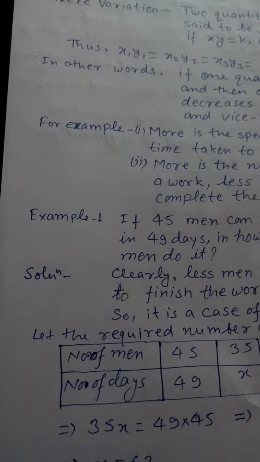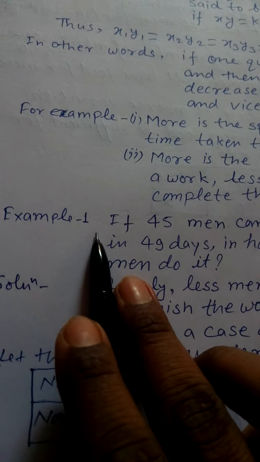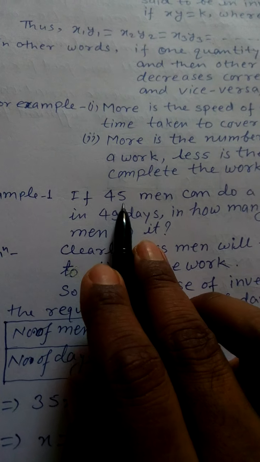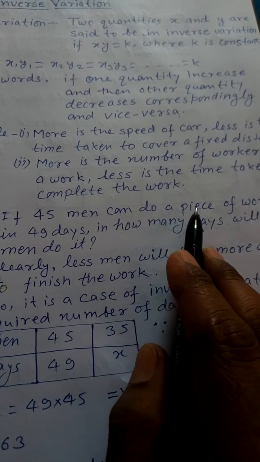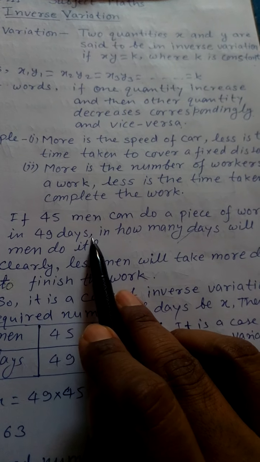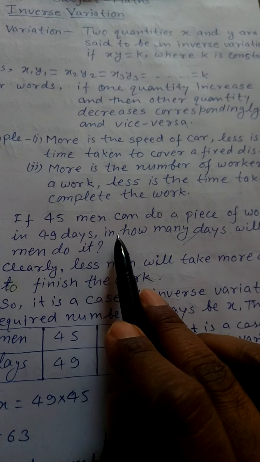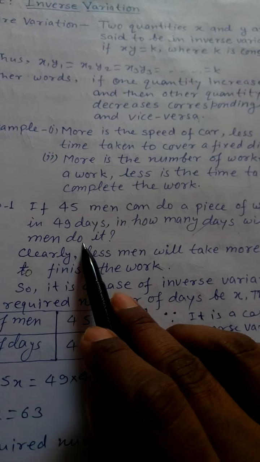Now I am going to take example number 1. If 45 men can do a piece of work in 49 days, in how many days will 35 men do it?